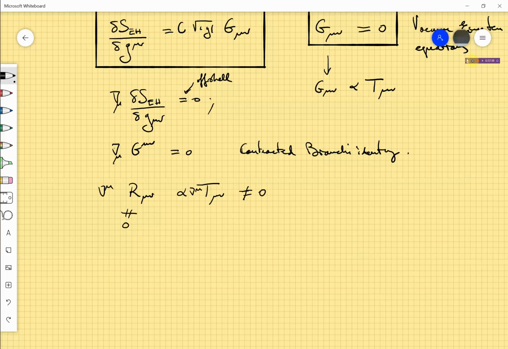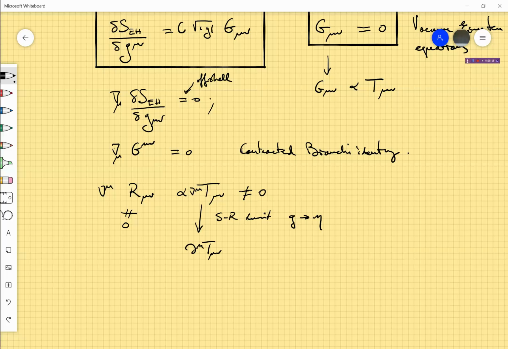But I know that this has to have a special relativistic limit when g is replaced by eta, which is this, and this is just not satisfied.